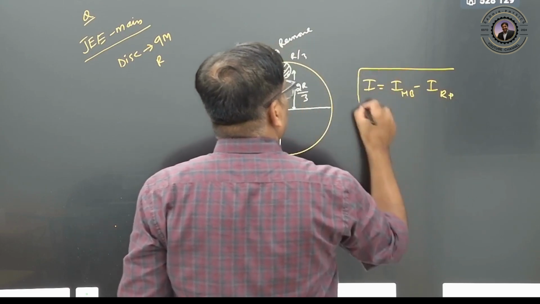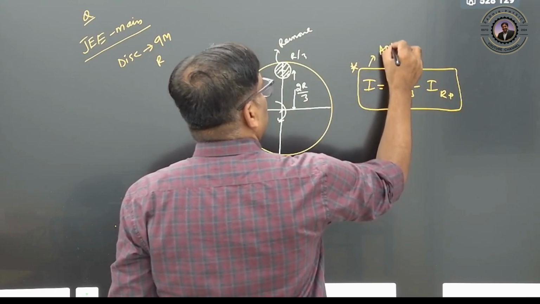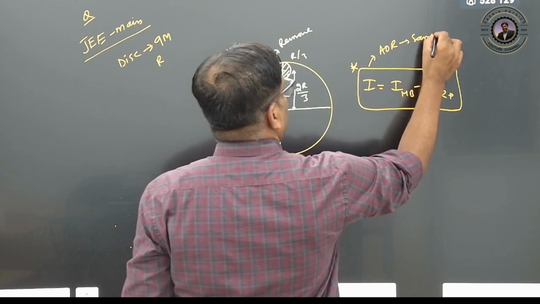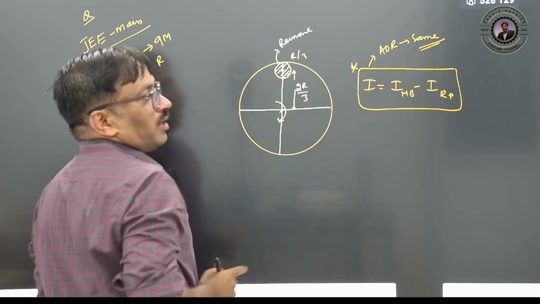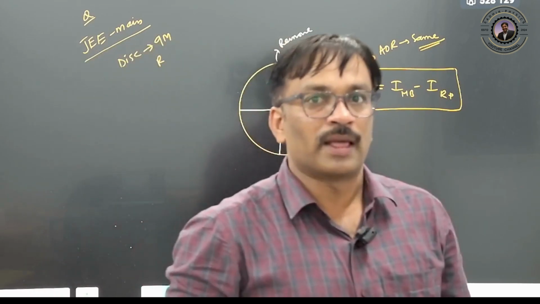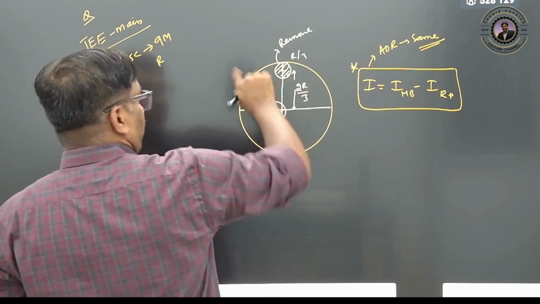But to apply this, it is compulsory that the axis of rotation should be the same for both the removed part and the whole body. So first, let us calculate the moment of inertia for the whole body before cutting.